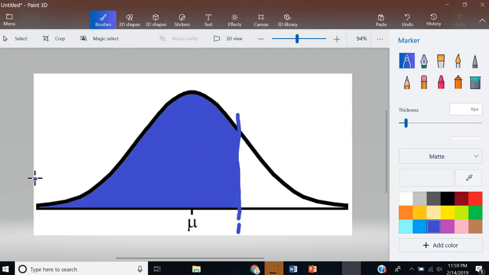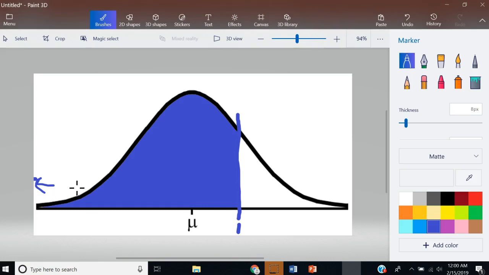So it continues to go all the way to negative infinity, all right? Basically, this thing goes forever. Now, we're not going to have to deal with negative infinity. We just saw that if we go 3 standard deviations out, we get like 99.86% of the data.